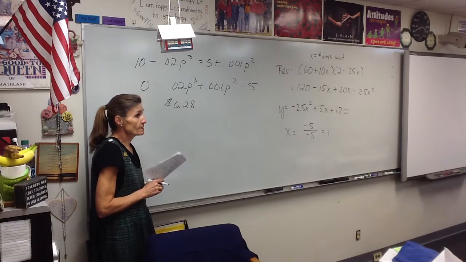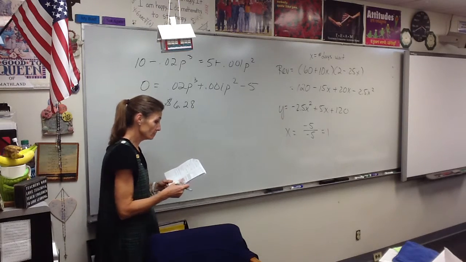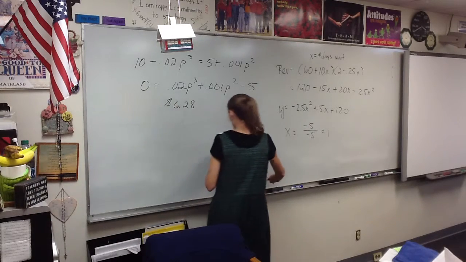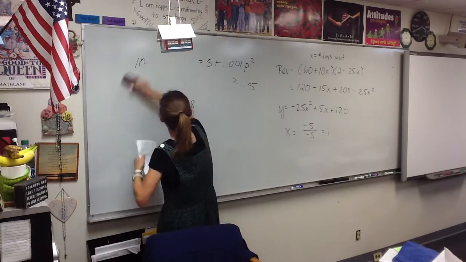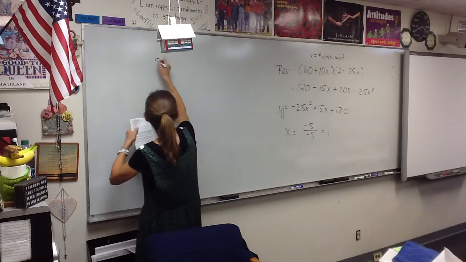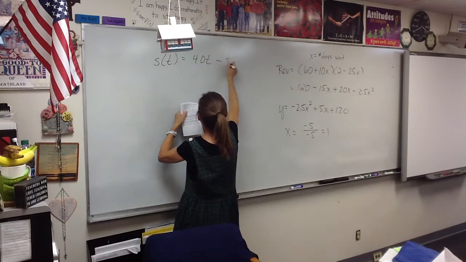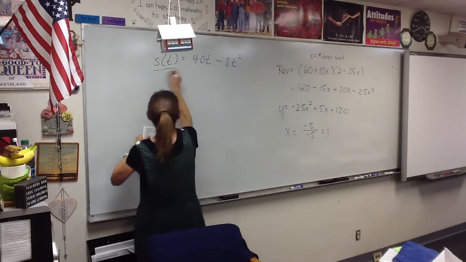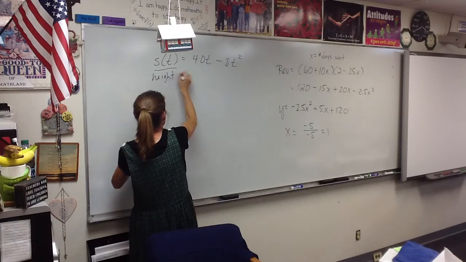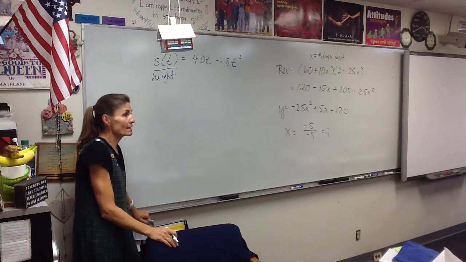All right, who else? Katie? 10. So we got an equation that gives the height of the ball. This is the height right here. When does it reach its maximum?